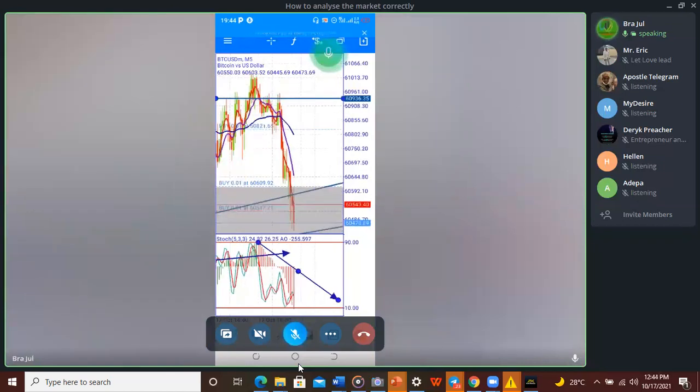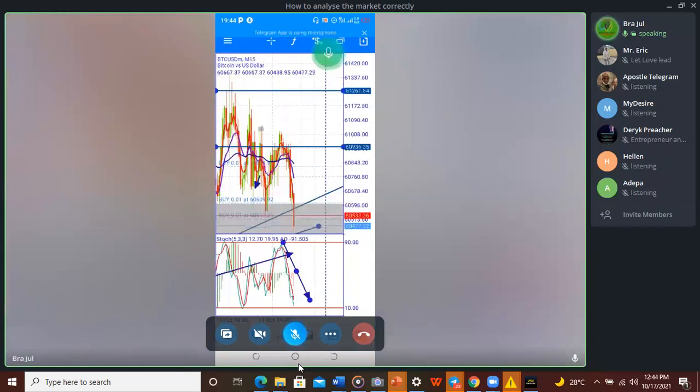Is the M5 also going to respect this level? If it respects it, then that's nice. Is the M15 also going to respect it with a bullish movement? If it respects it, then that's nice. But now you can't really tell. It's in the zone already.